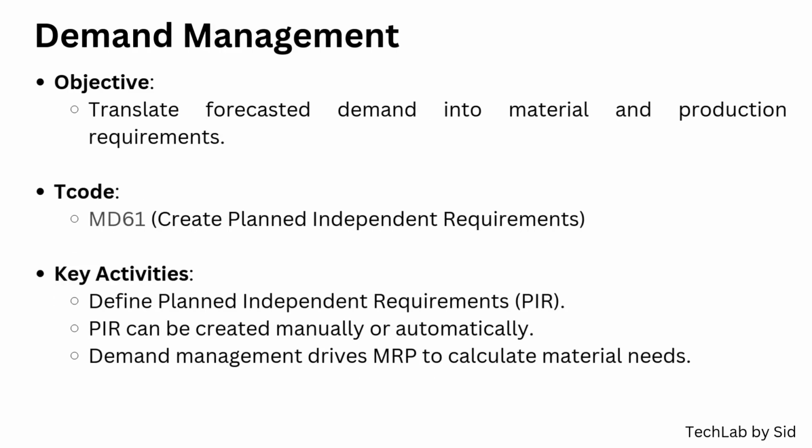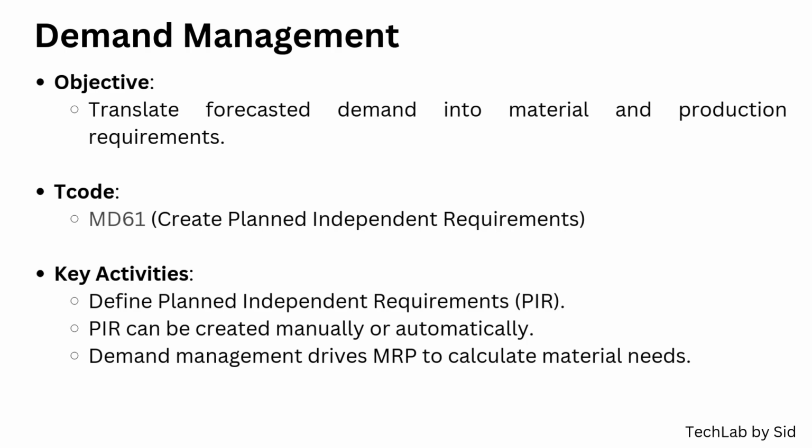Once we have the sales and operations plan in place, the next step is demand management. Here, we focus on translating the forecasted demand into specific requirements for materials and production. In SAP, this is done by creating planned independent requirements, which can be done using Tcode MD61.